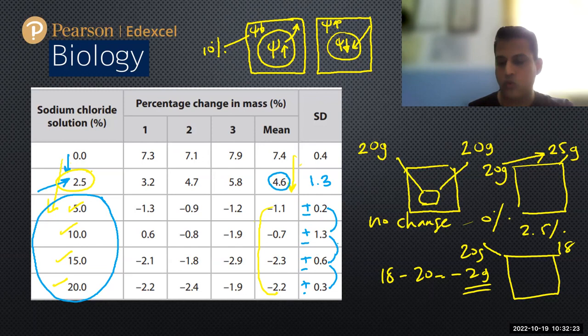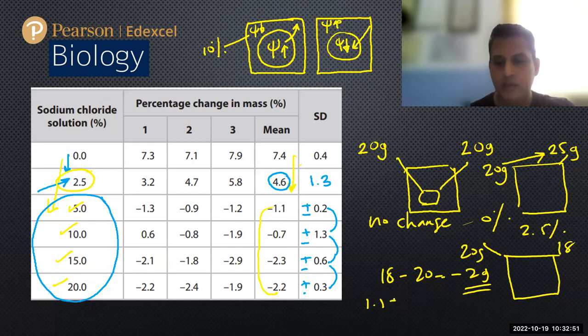So why do we say overlapping? We can take one number, for example 1.1. If I take 1.1, the highest is 1.1 plus 0.2, the lowest is 1.1 minus 0.2.